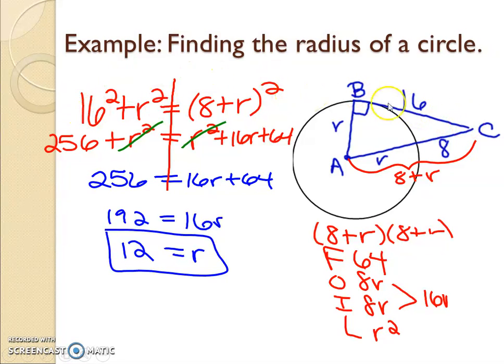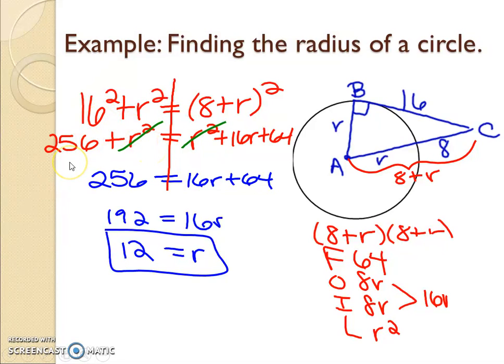So we're going to write A squared plus B squared equals C squared. So 16 squared plus R squared equals C squared. As you can see, the C right here is 8 plus R or R plus 8. Doesn't matter. And then we're going to solve for R.